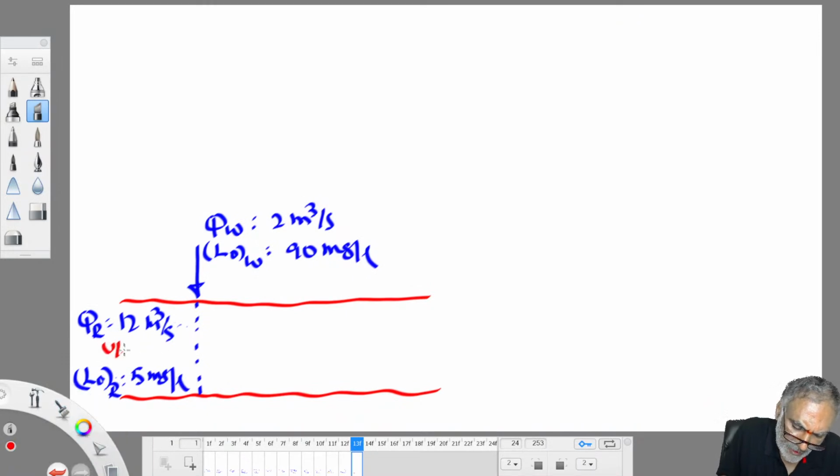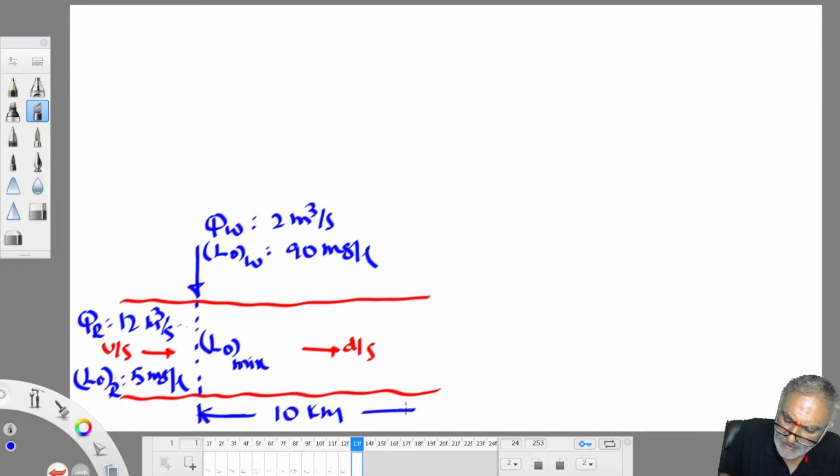So this is upstream, river flowing from upstream to downstream. He is not asking immediately. Immediately means what will work out? L0 of mix will work out. But he is asking where 10 kilometers on the downstream side. 10 kilometers on the downstream side, what is LT, the concentration of BOD?